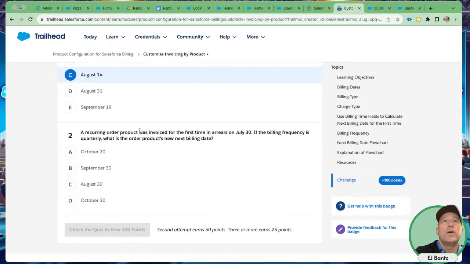A recurring order product was invoiced for the first time in the arrears on July 30th. If the billing frequency is quarterly, what is the product's next billing date? So July is 7. 8, 9, 10. So they're paid for 8, 9, 10.